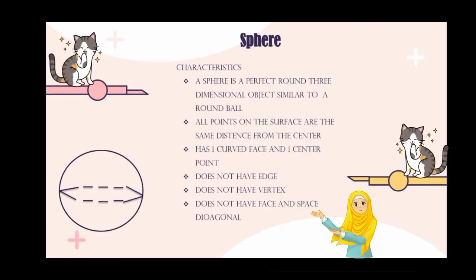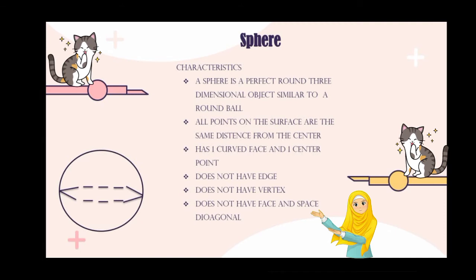Okay, next is the ball, which is also a three-dimensional space, which has the same distance from its surface to the center, has a round face and a center point.